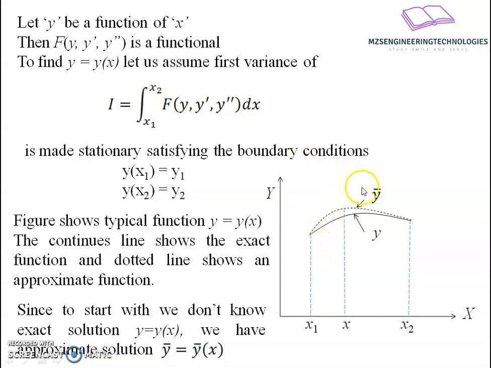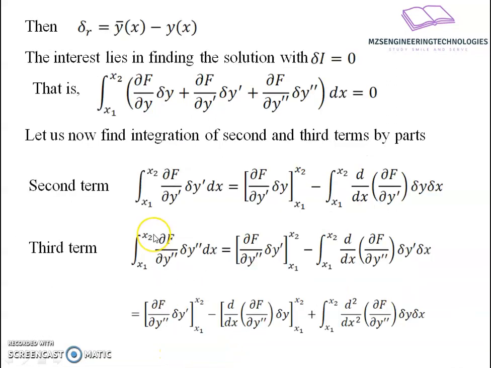Such an analysis is called a variational method. The figure shows a typical function y equals y of x. The continuous line shows the exact function and the dotted line shows an approximate function. Since to start with we don't know the exact solution y equals y(x), we have an approximate solution y bar equals y bar(x).